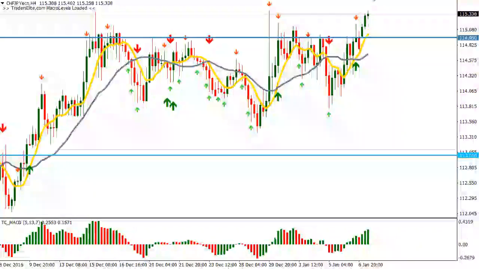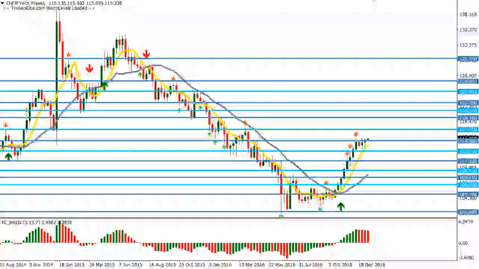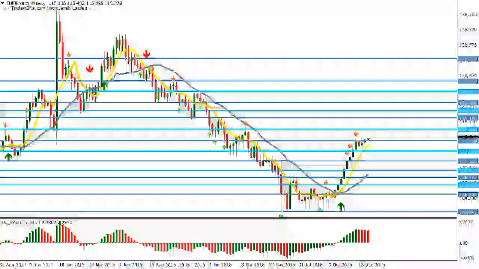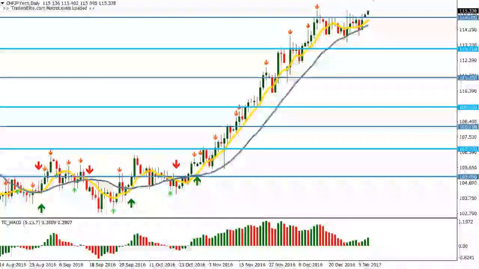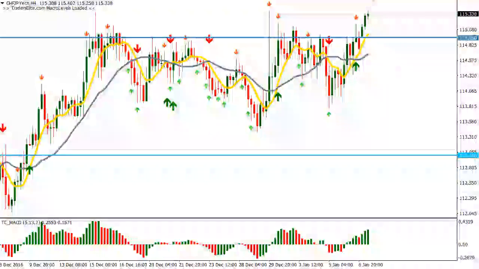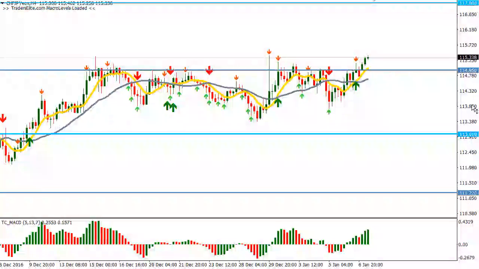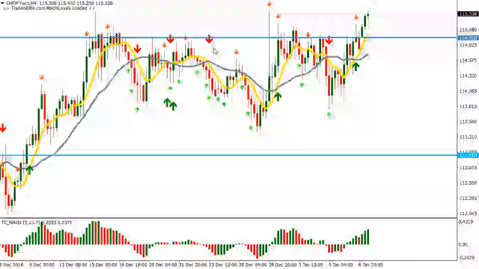Okay, Swiss yen is very similar, but it's a little overbought. It's upward on the weekly, it's upward on the daily, and it's upward on the 4 hourly. So there could be opportunities there for it to move to 117. All these yen crosses have been doing very, very similar things. So it's just a matter of looking at the stronger one at that time.